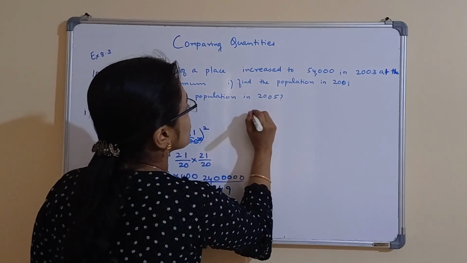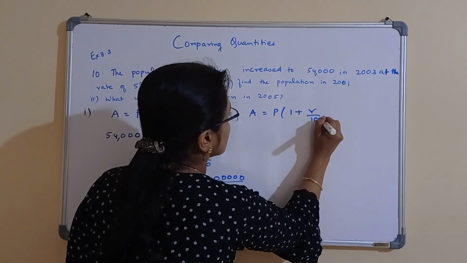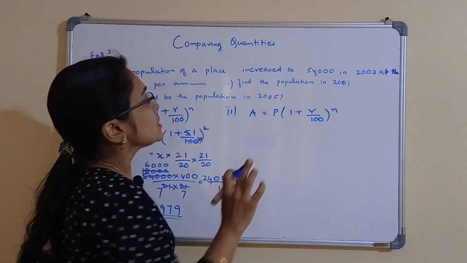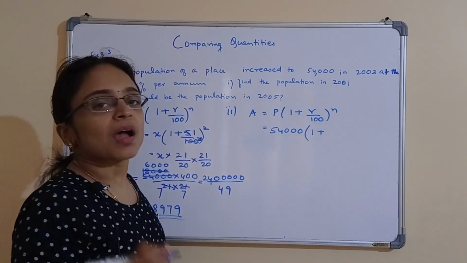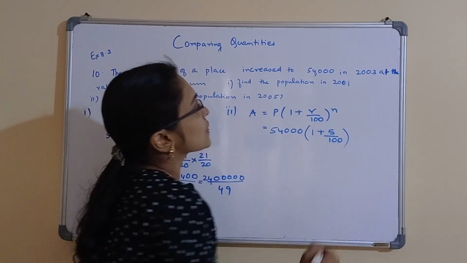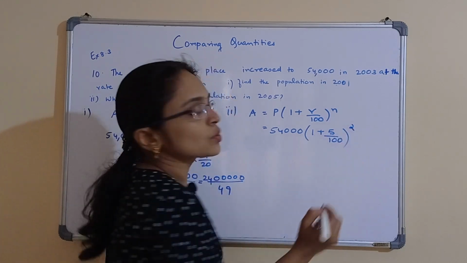So A equal to P into 1 plus R by 100 the whole raised to N, and this is the second part of the question. 54,000 into 1 plus R is 5 by 100 and 2003 to 2005 means 2, N is equal to 2.